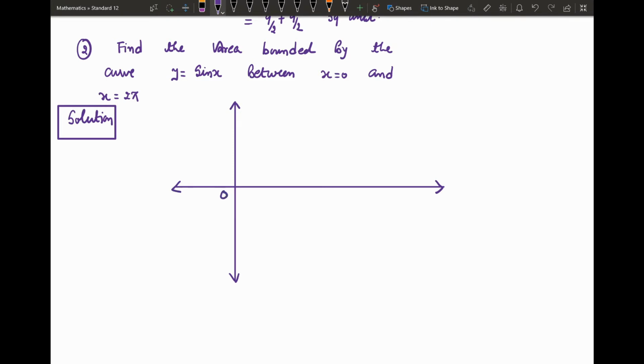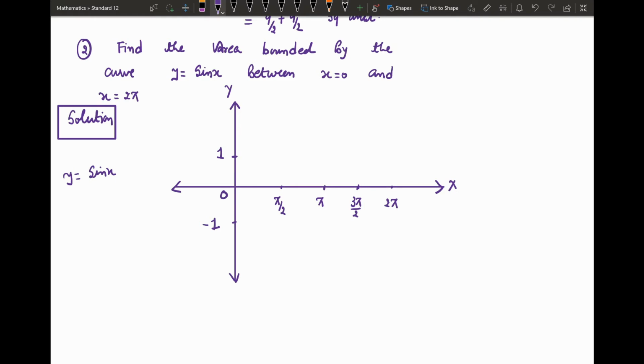Here 0, this is pi by 2, pi, 3 pi by 2 and 2 pi. This is the x axis, y axis, here plus 1, here y equal to minus 1. Now you are familiar with the graph of y equal to sin x.